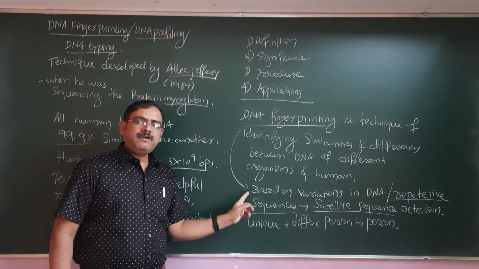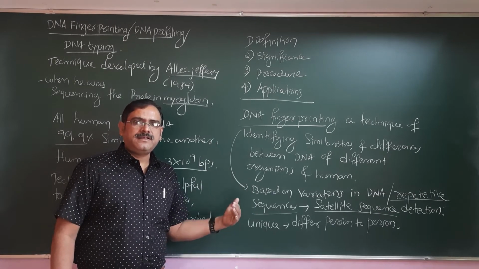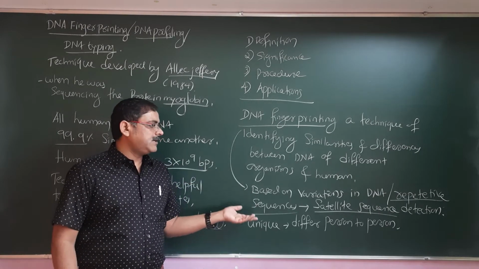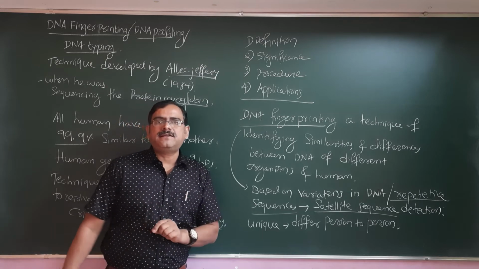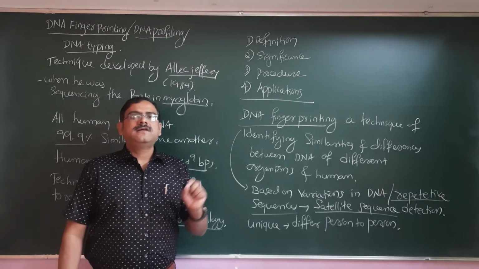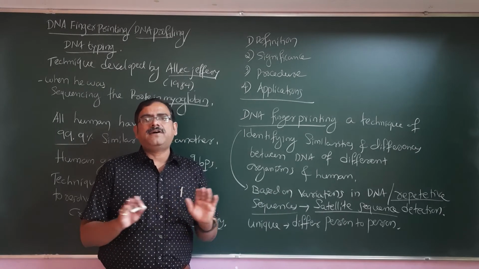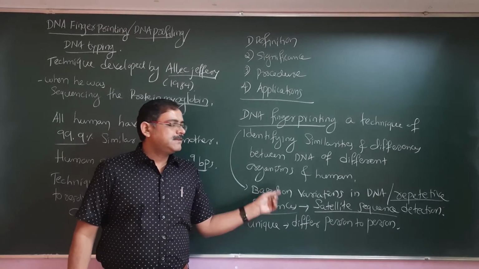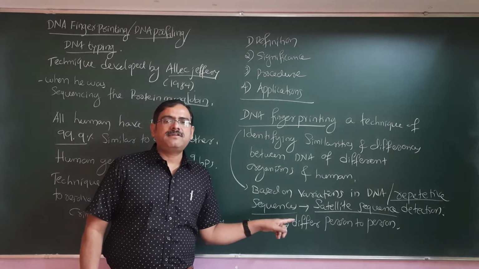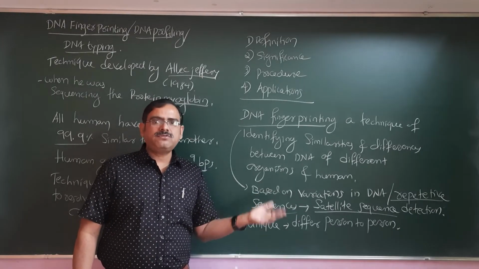How is it detected? It is detected by identifying the satellite sequences, the sequences which are unique to a person and differ from person to person. The satellite sequences are basically repetitive sequences.